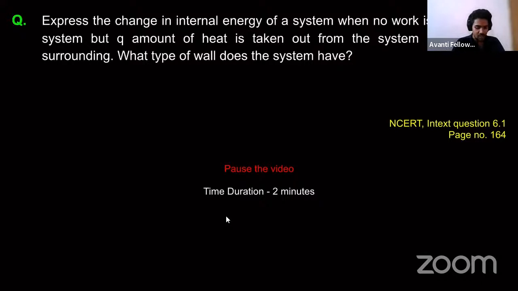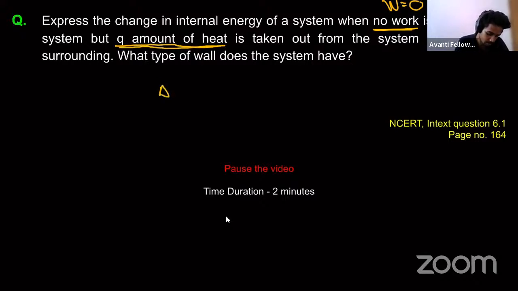Now, express the change in internal energy of a system when no work is done on the system, but a Q amount of heat is taken out from the system and given to the surroundings.